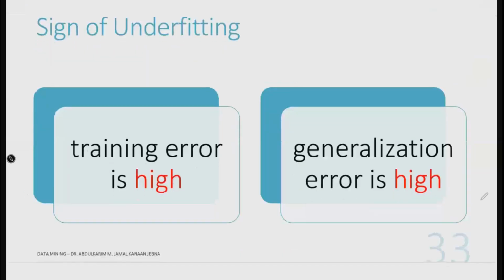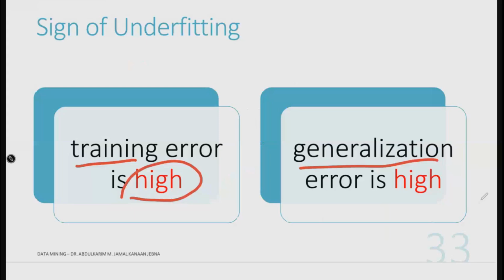Then as a data miner or data scientist, how do you diagnose the problem? Like a professional medical doctor with a stethoscope on the ear, you try to inspect what the problem of your model is. You can look at the training error and generalization error.